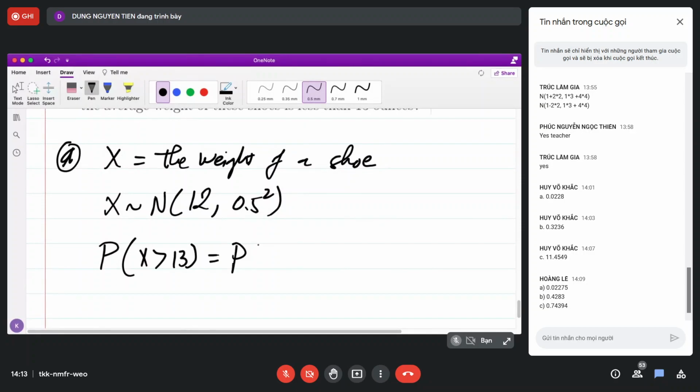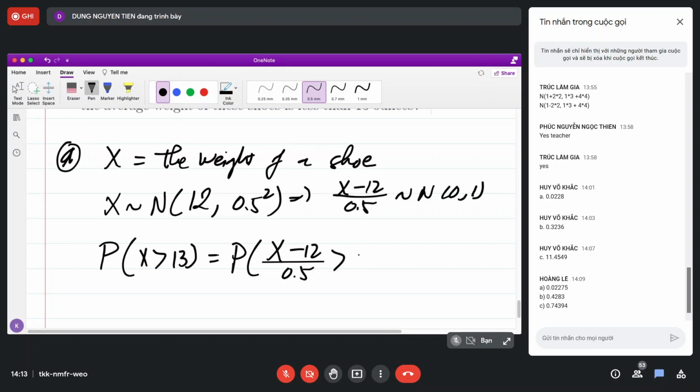And then you get the probability that X, well, you can say that X minus 12 over 0.5 follows the standard normal distribution, right? Then X minus 12 over 0.5 is more than 13 minus 12 over 0.5.